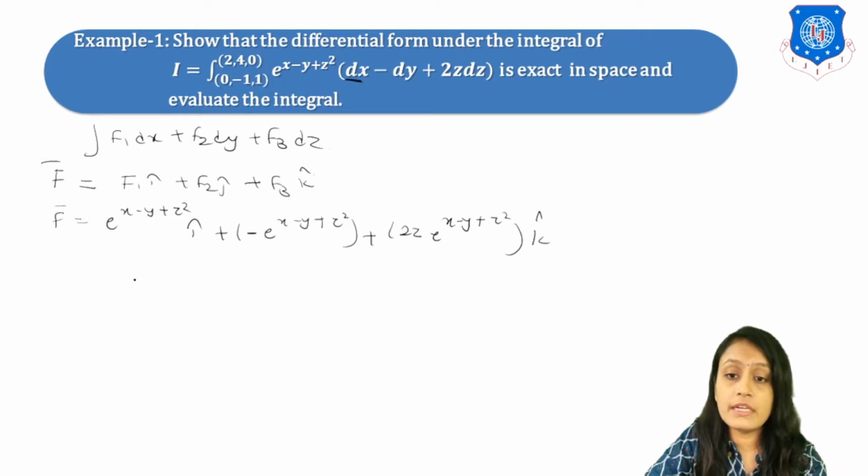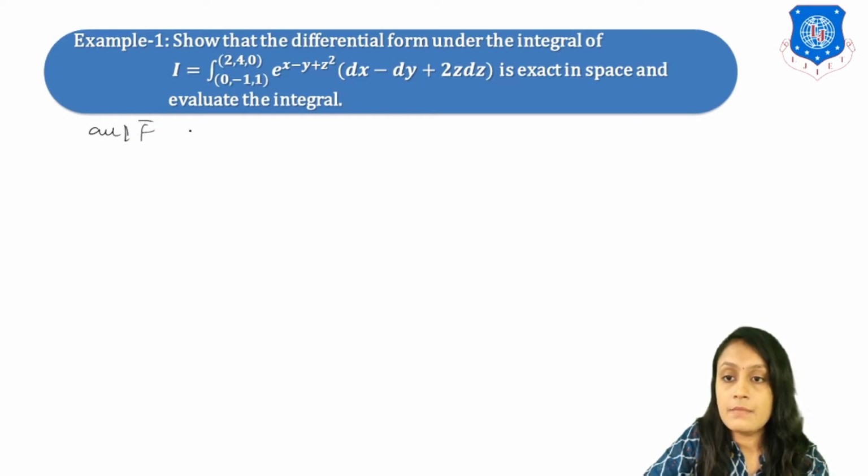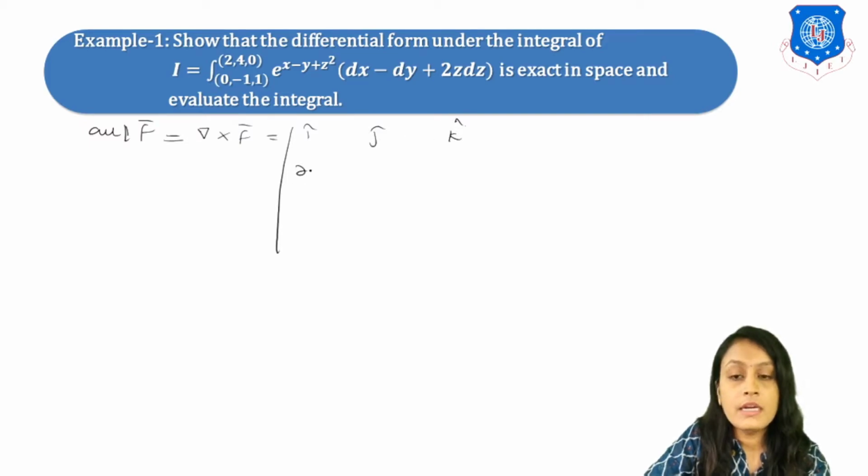Now we have to show that it is exact, so for that we have to show that curl of f bar is equal to 0. So now we will find curl of f bar. Curl of f bar is del cross f, which is the determinant with i j k, del by del x, del by del y, del by del z.